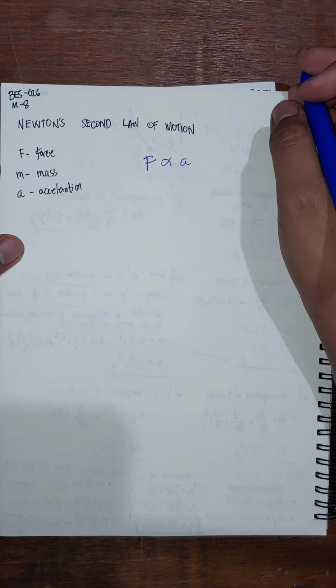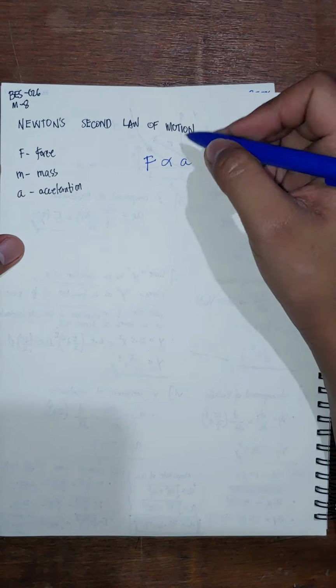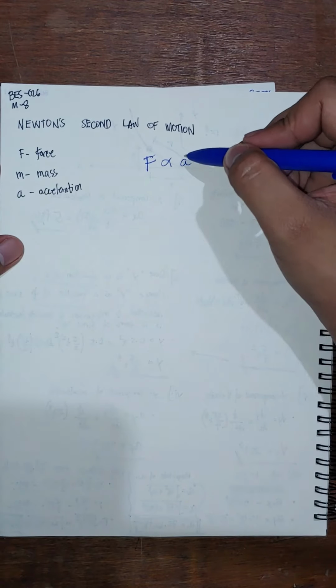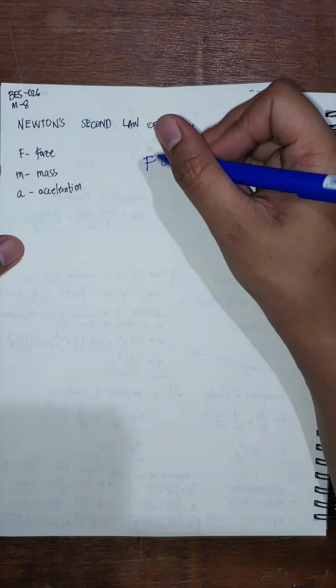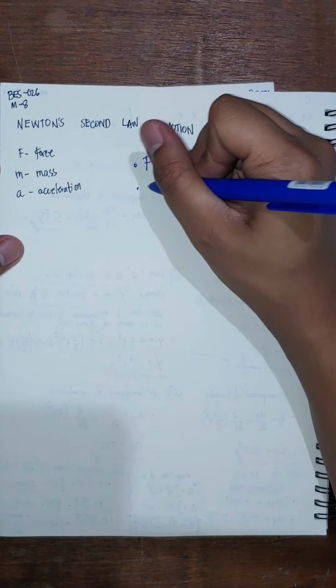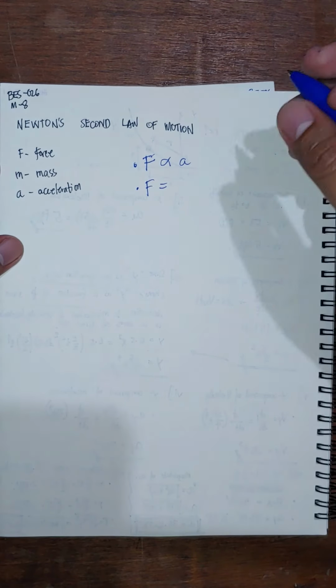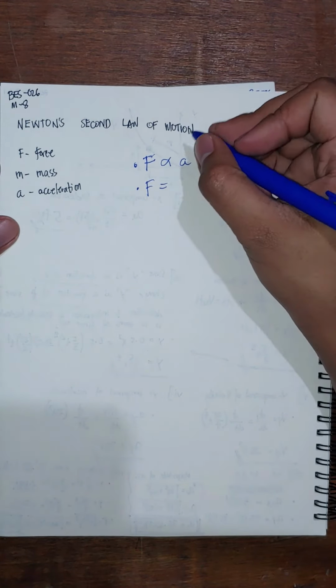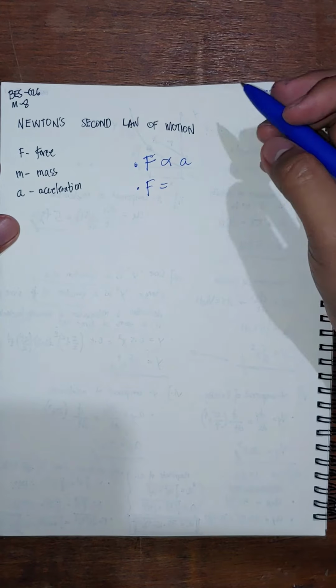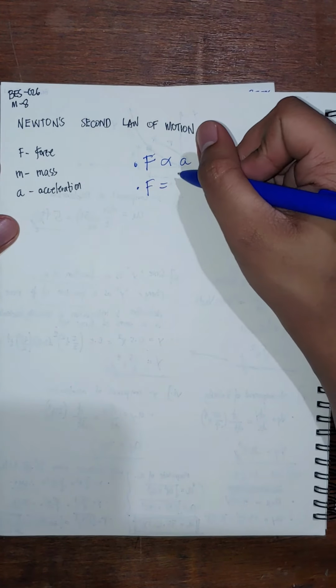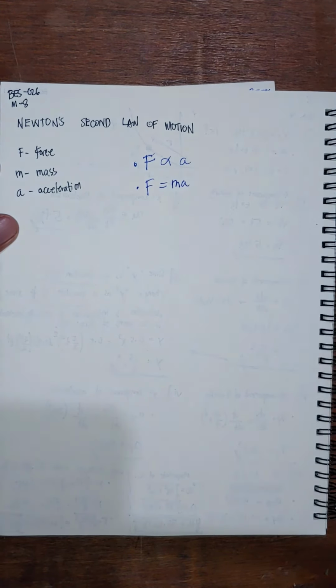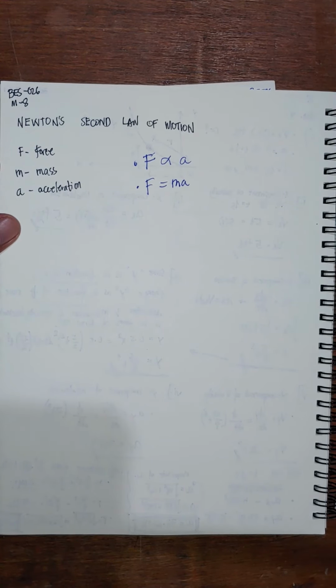And they have noticed that the proportionality constant relating the unbalanced force to the acceleration is the mass. So that is the relationship between force, mass, and acceleration.